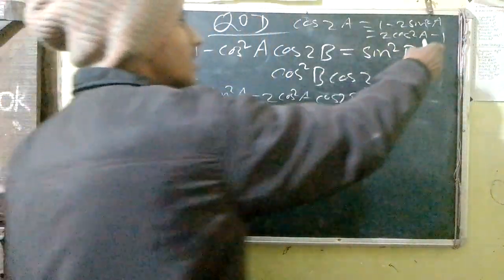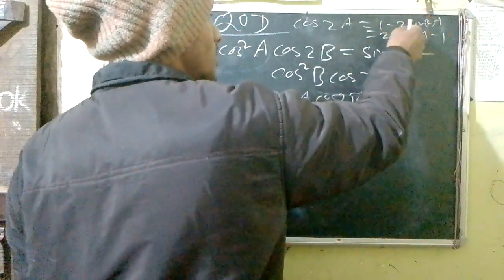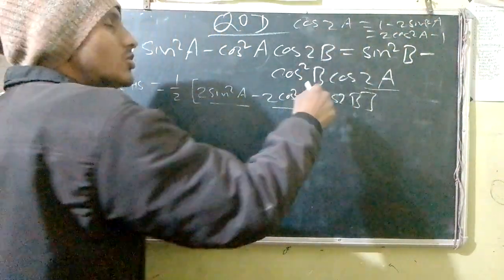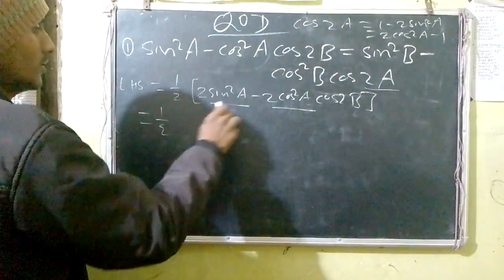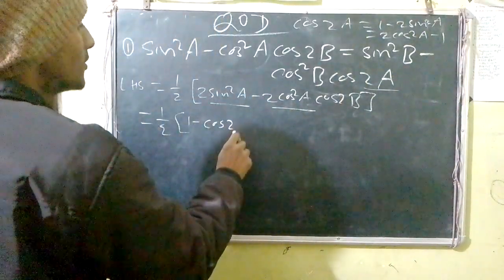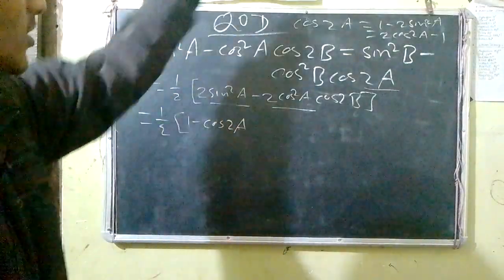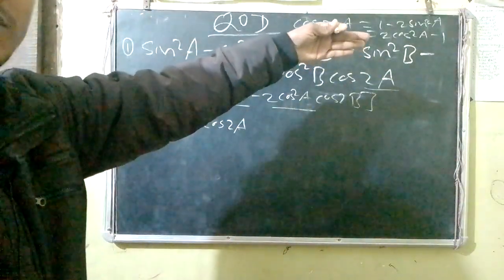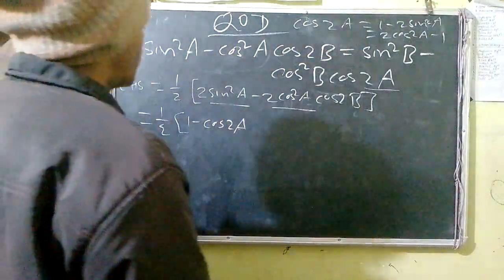As you can see, here we have sine square and cosine square, and we can turn those into cosine 2A. So this is the benefit. We're going to change this into 2A. So 2 sine square A becomes 1 minus cosine 2A. And this is what we wanted. We wanted to change A into 2A. Now we are able to do that.